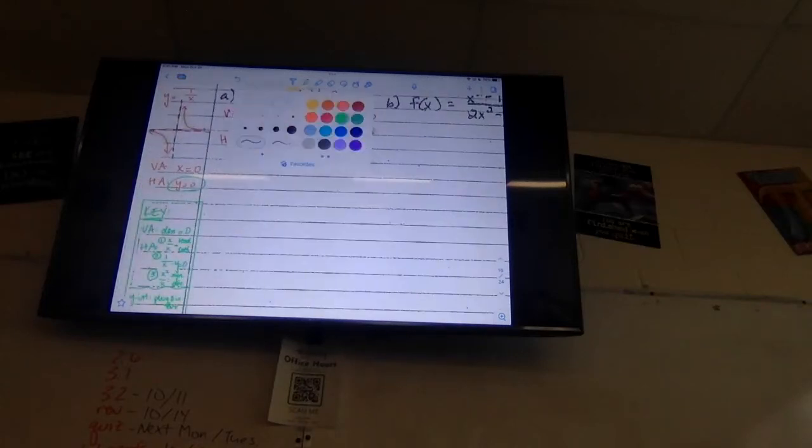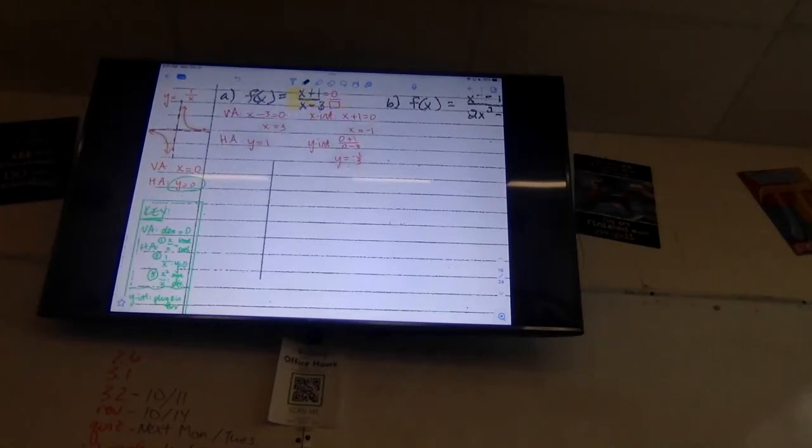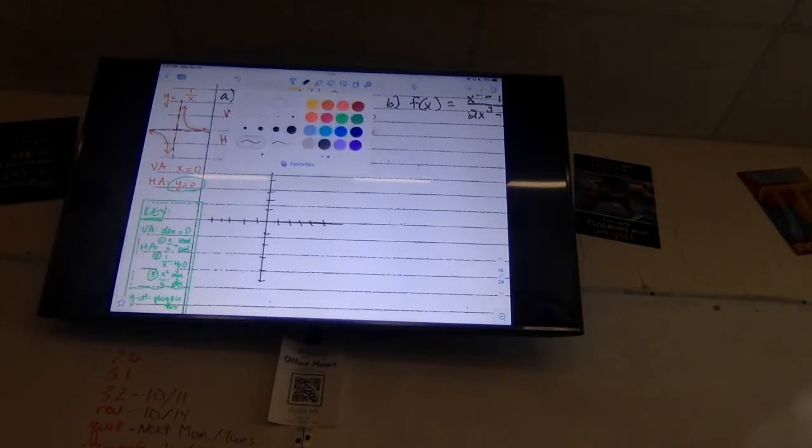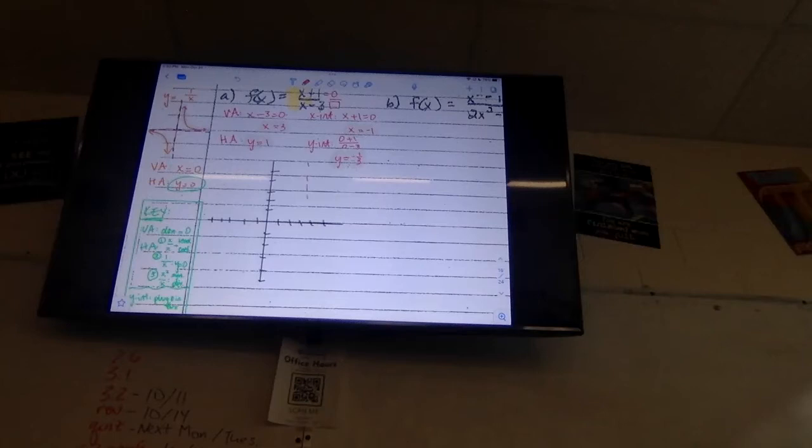So I'm going to make a little t-table or a little XY coordinate plane graph. I'm going to do my vertical asymptote, which we know means that we're going up and down at 3. My little dotted line at 3.